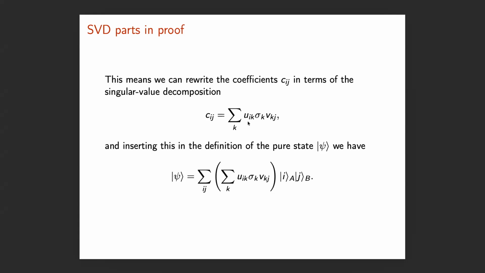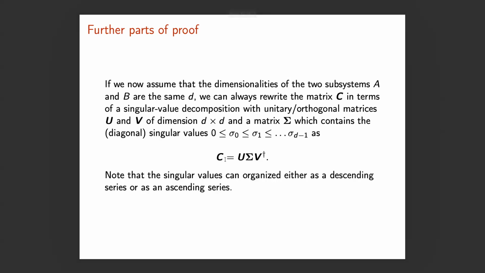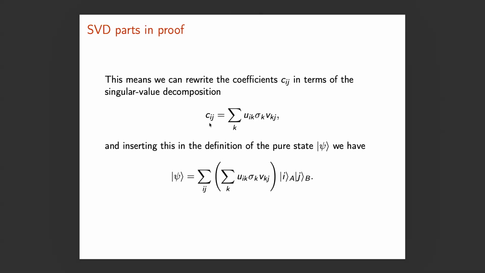So if you look back here, the matrix C is now given by these three matrices. That means I can rewrite C i j in terms of just an internal sum over K. Then we have the final matrix elements. You can insert that in the definition of the pure state, which is given like this.